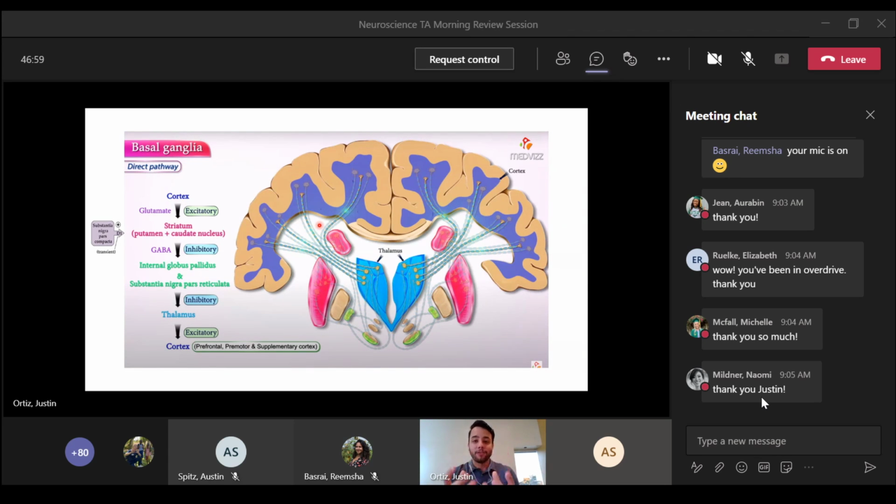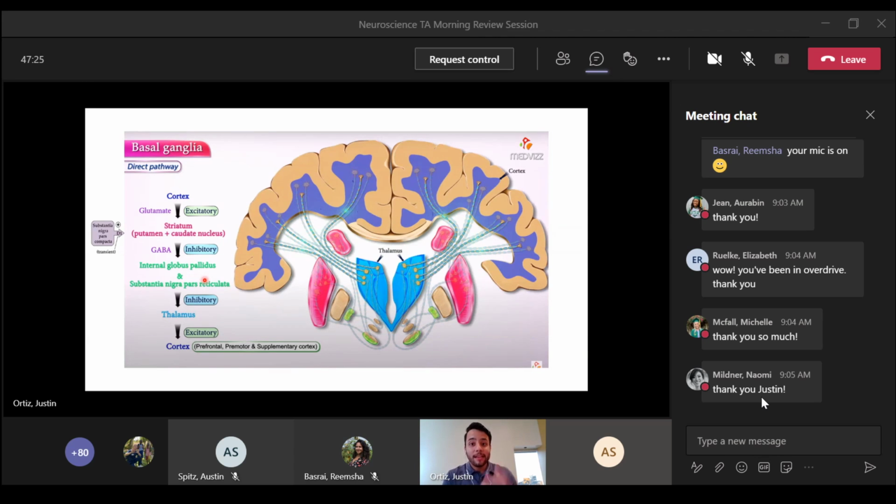It's going to be high levels of dopamine, because high levels of dopamine activate the D1 MSNs located in the striatum. So now the striatum is activated. The striatum is inhibitory, so it is going to inhibit the globus pallidus internus and the substantia nigra pars reticulata.